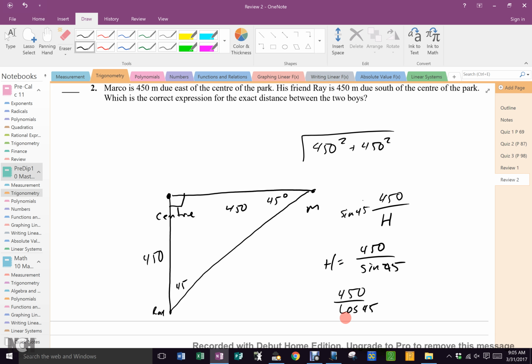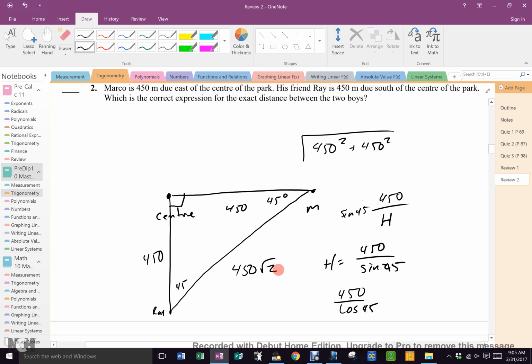Tavleen: Okay, this might be wrong then, but what if we saw that it's the same length on both sides? Then wouldn't it be a special triangle and then you could just say it's root 2? It would be root 2 if this was 1. You could also say it's 450 root 2. That's another way you could do it.